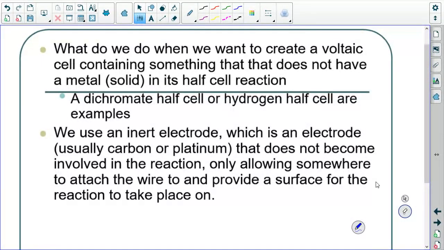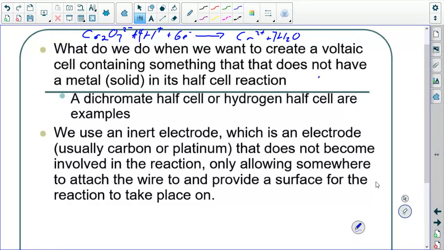So the dichromate half cell would have the dichromate ion, the hydrogen ion, plus, I think it's 6 electrons. Okay, so this one, don't bother writing it down. I don't need to worry about it. But there's no metal to become an electrode in this case.